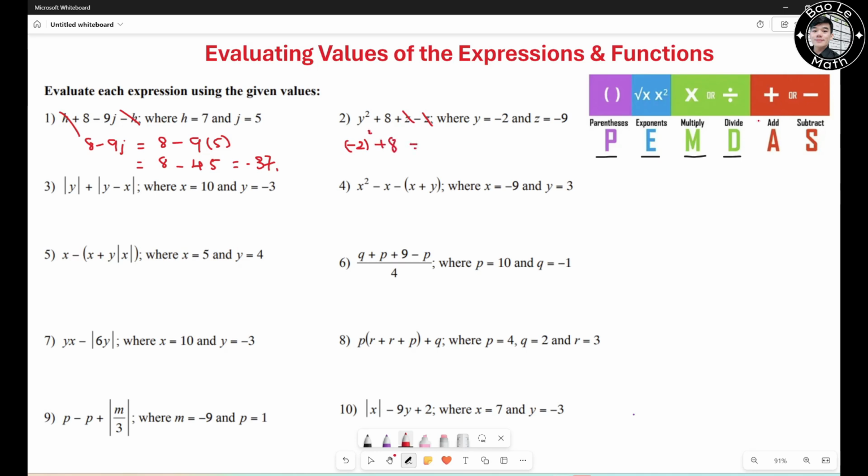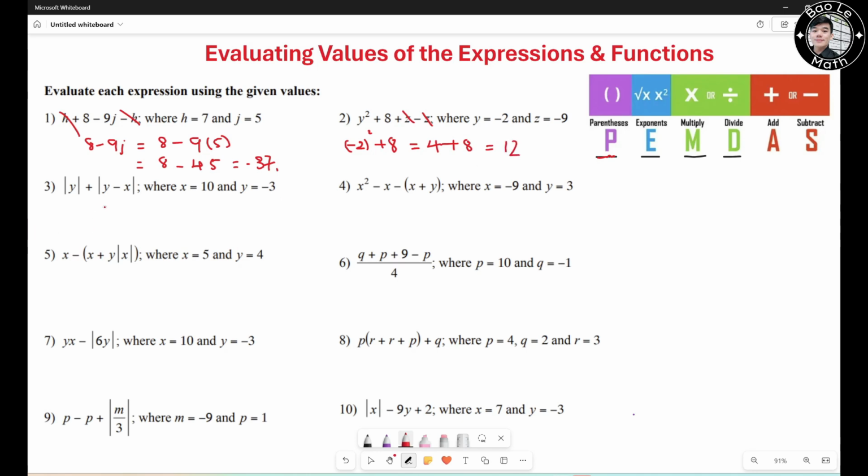Looking at the PEMDAS rule, we need to do what's inside parentheses first. Inside the parentheses we have the exponent, so we square this. Negative 2 squared is 4. Keep in mind, negative numbers raised to an even power are always positive. Now 4 plus 8 equals 12.